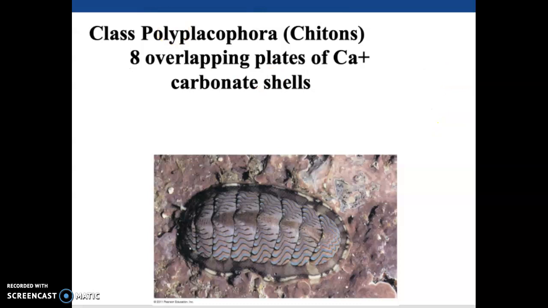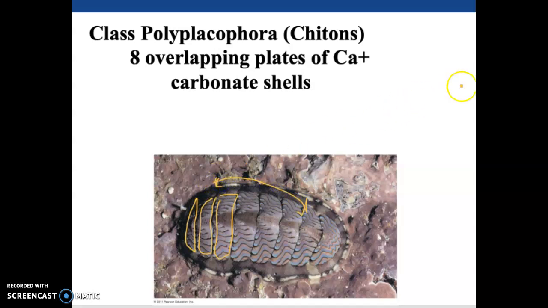Each of these plates can bend and kind of move across the plate next to it. These plates can kind of slide underneath each other just slightly, so it allows the animal to flex in this type of direction, kind of curl up.